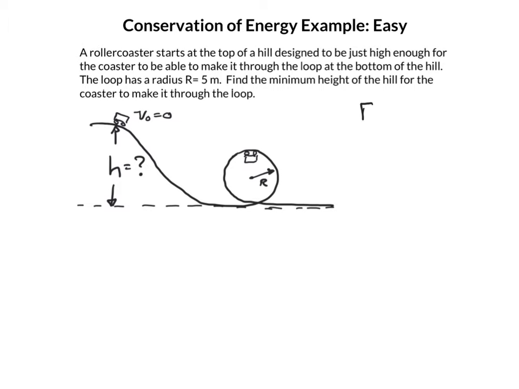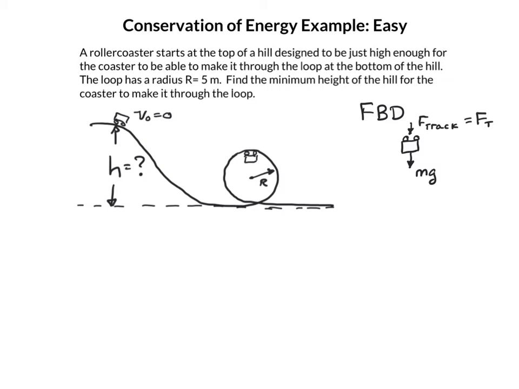So, not surprisingly, I'm going to start this with a free body diagram at that spot. I've got my coaster here. I know that there's mg on the coaster acting down, and there's the force of the track acting on the coaster.